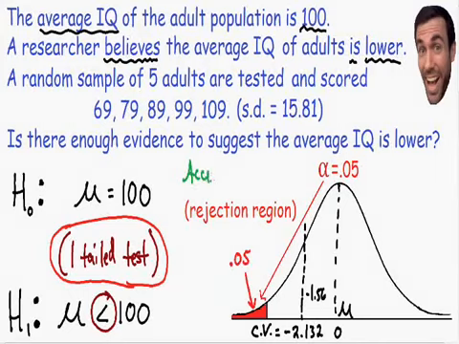We accept our null hypothesis that the average IQ is equal to 100. So what is this question asking? Is there enough evidence to suggest that the average IQ is lower? No, there is not enough evidence because we accept our null hypothesis that it stays the same. The average IQ is still equal to 100.